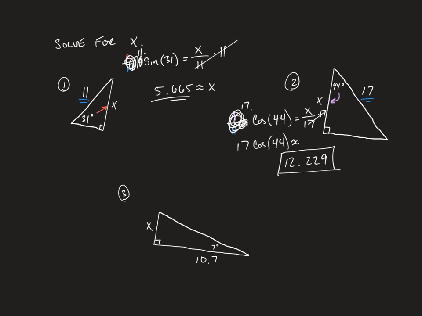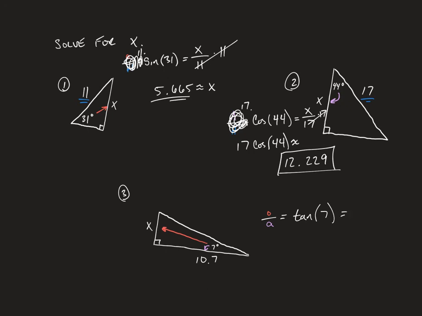All right, third example. I have a 7-degree angle. And it looks like I'm going to be looking for the opposite side and comparing it to the adjacent side. So I need a function that compares the opposite side of a right triangle to the adjacent side of a right triangle. I know that function to be tangent. So I'm going to ask a calculator, what is that relationship in a right triangle?